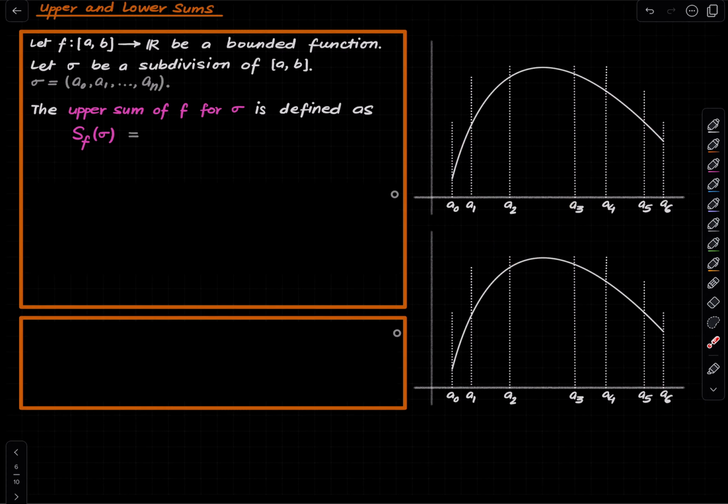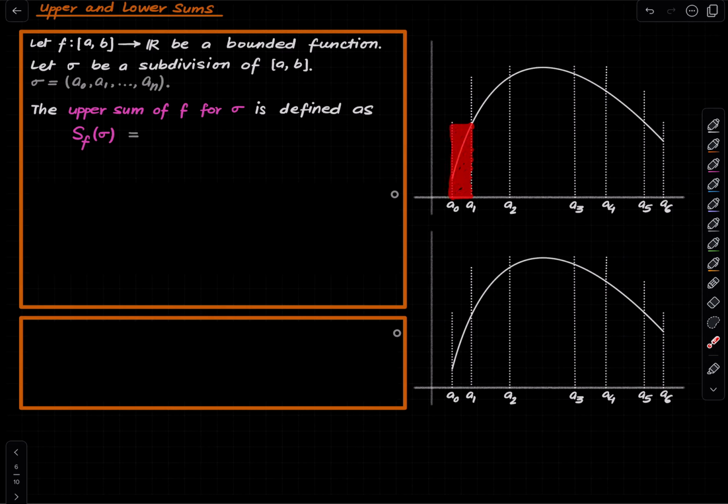So when we say the upper sum of f with respect to sigma, what we are trying to capture is this: you take the first part, ask what is the supremum of all the values that the function takes in this part, and that is this value. And using that value, you create this rectangle, this shaded thing.